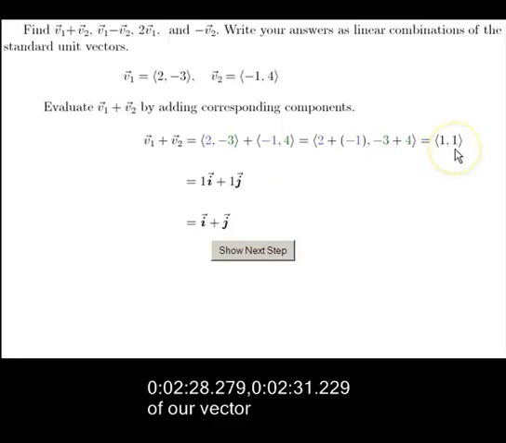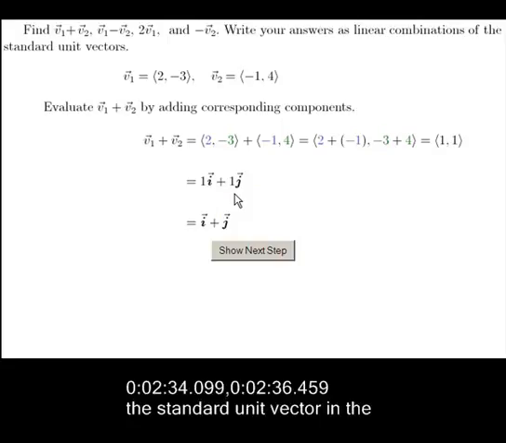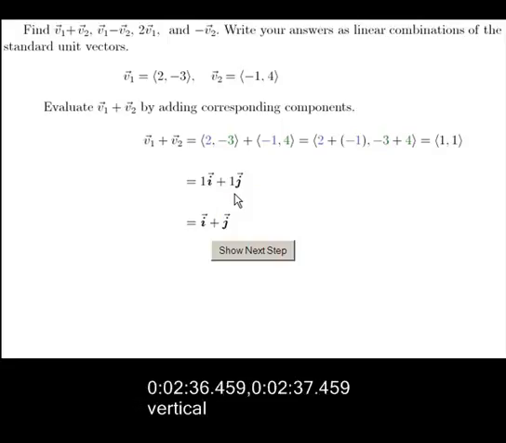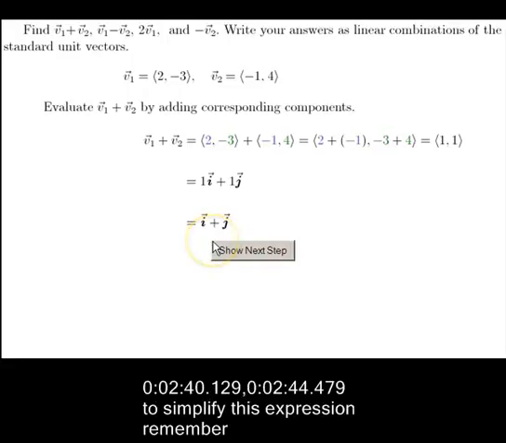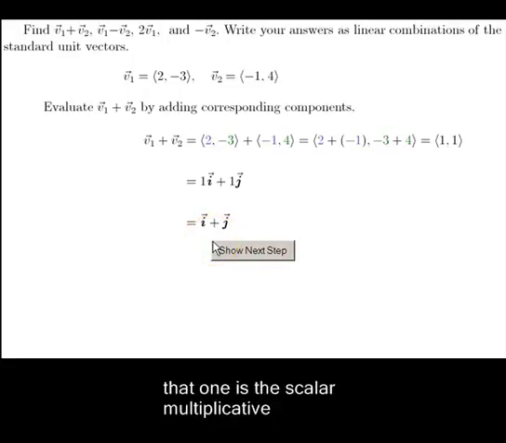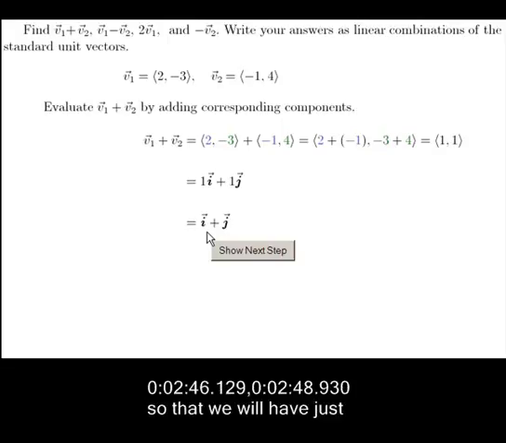We will multiply the vertical component of our vector by the j vector, the standard unit vector in the vertical direction. To simplify this expression, remember that 1 is the scalar multiplicative identity, so that we will have just i plus j.